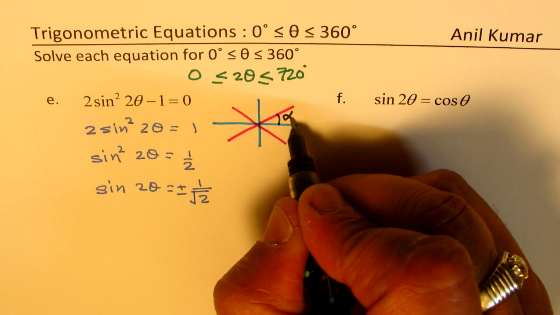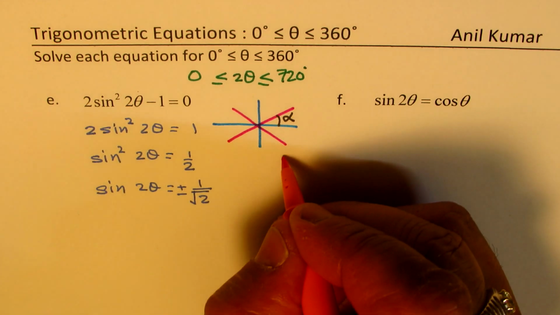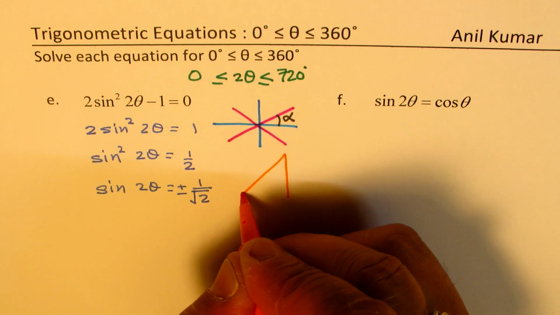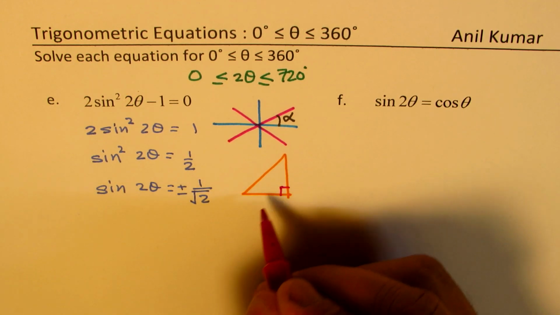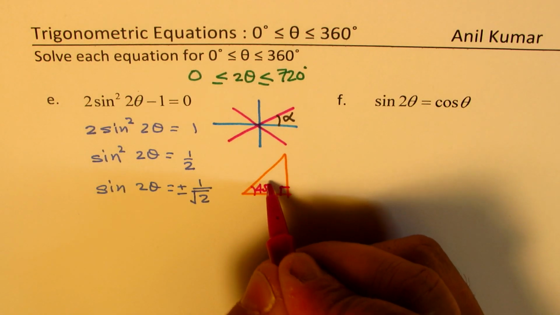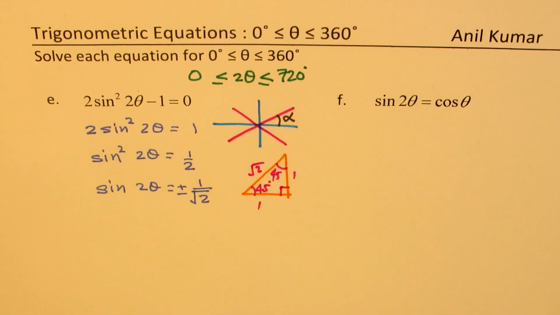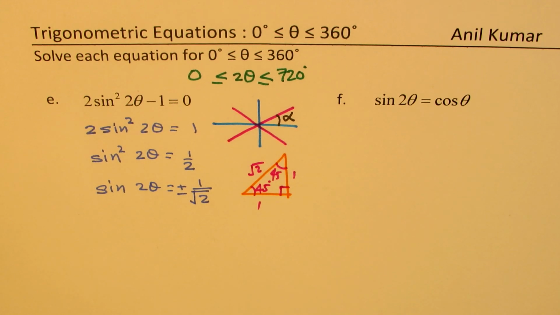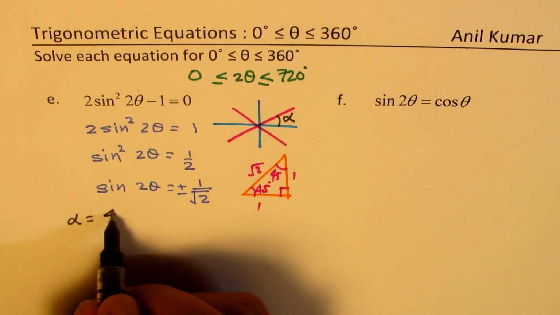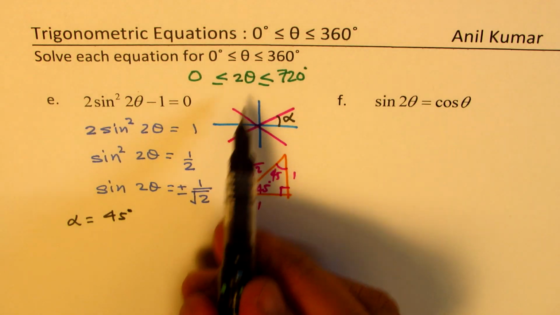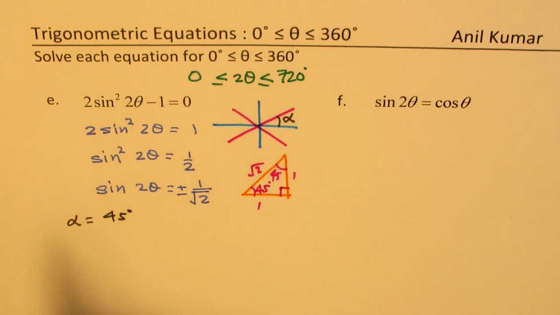And let us say this angle is alpha. Then what should this angle alpha be? To find that, you can always look into the special triangle, the 45 degrees triangle, right, with equal sides, isosceles right triangle. Perfect. So clearly, we get one value of alpha, which is equal to 45 degrees. Now, what is the value of 2 theta within the interval of 0 to 720?